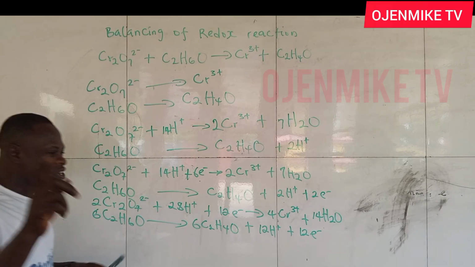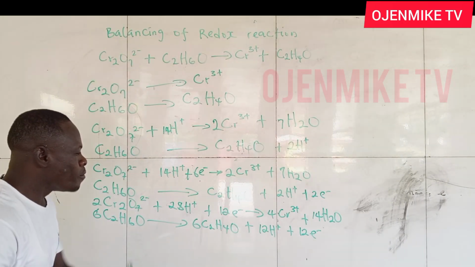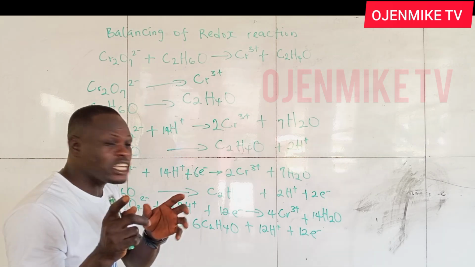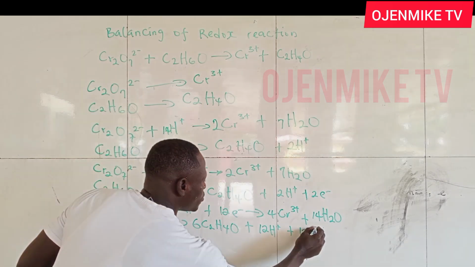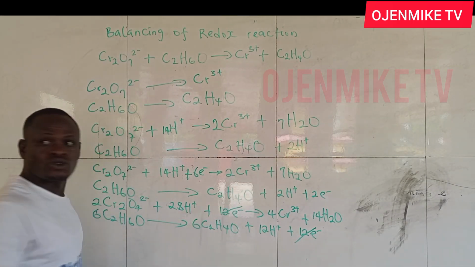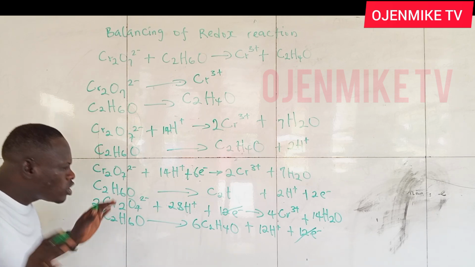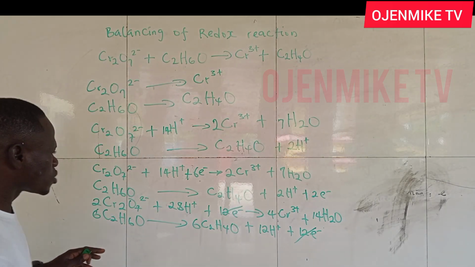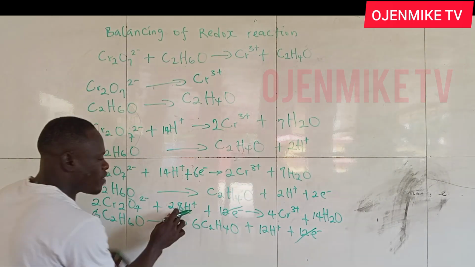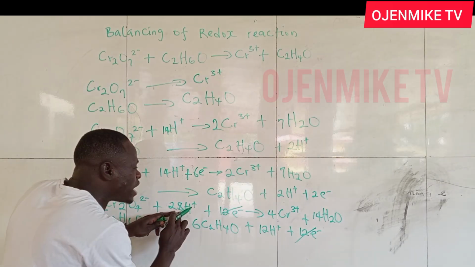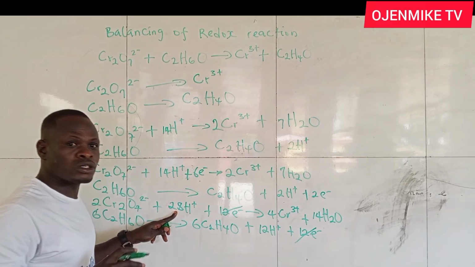Are you seeing? So now what you have to do is to cancel this side with the similar charges. You cancel 12 here, you cancel 12 here. 12 has been cancelled. Now go to anyone that looks similar. So we have hydrogen here. We have hydrogen. What you do, don't divide this one by this one. Simply minus. Are you following?